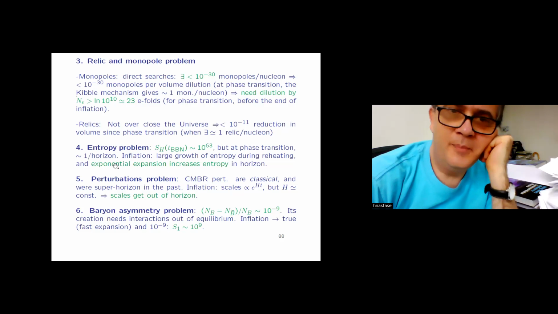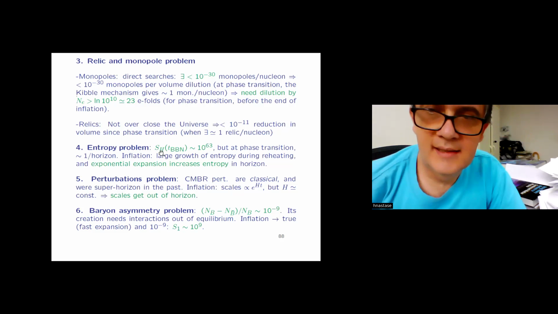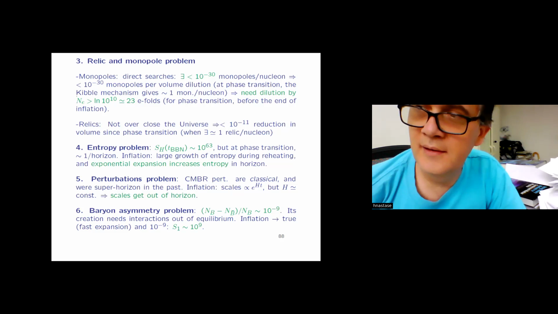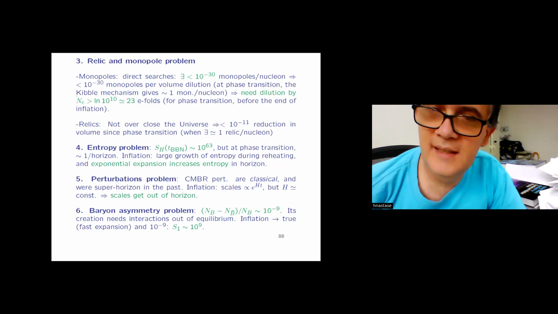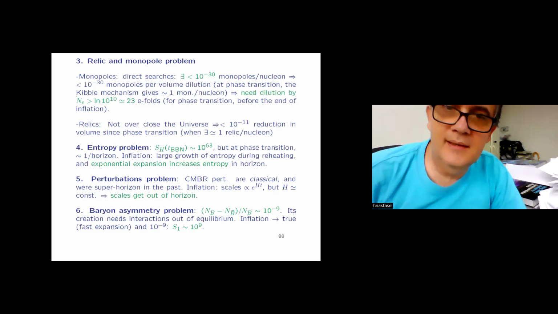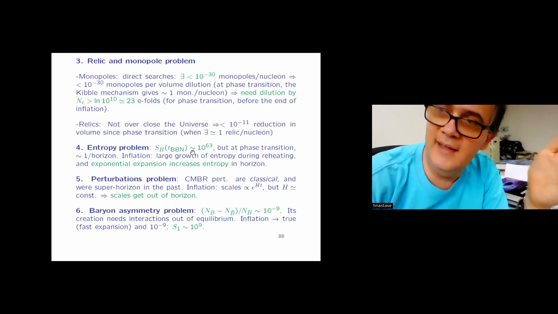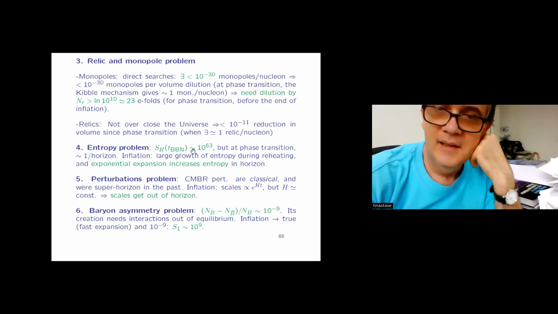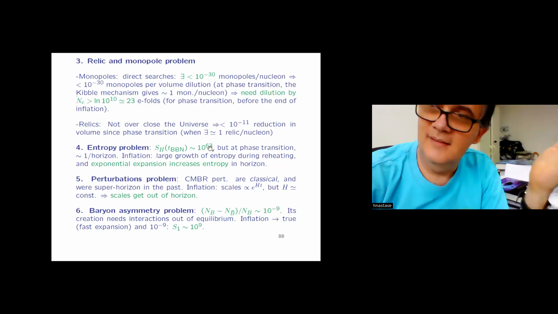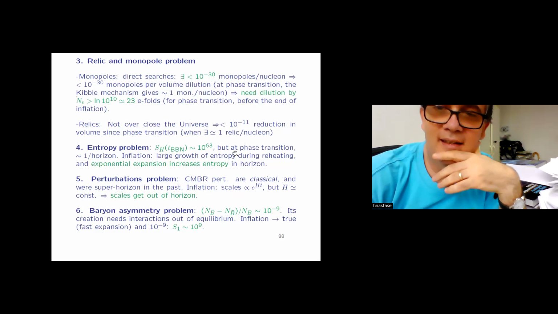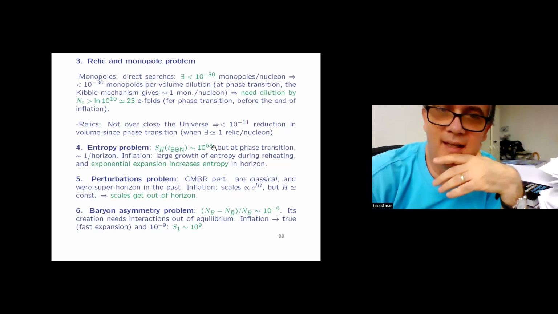Then we have the entropy problem, which is that the entropy today is huge. It's about 10 to the 88, the entropy in the observed horizon today. But even at Big Bang nucleosynthesis, which is the last time that we can say for sure what happened in cosmology, or the first time, you know what I mean, it's still 10 to the 63.